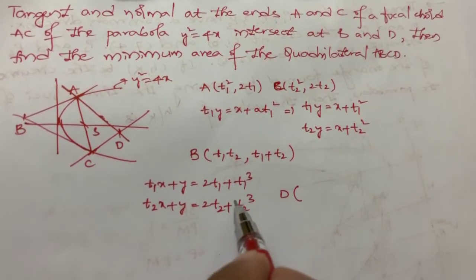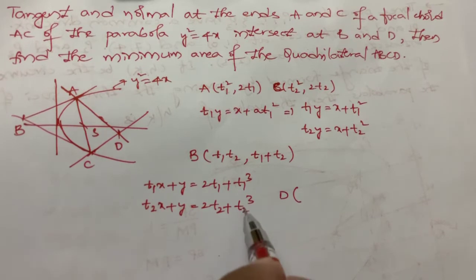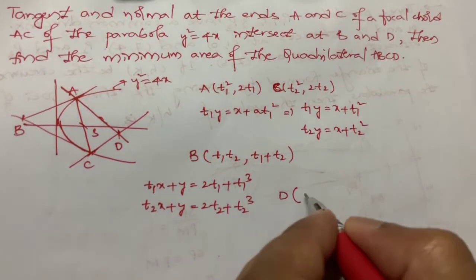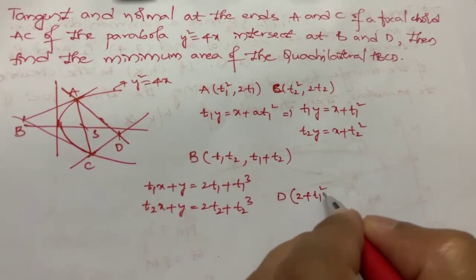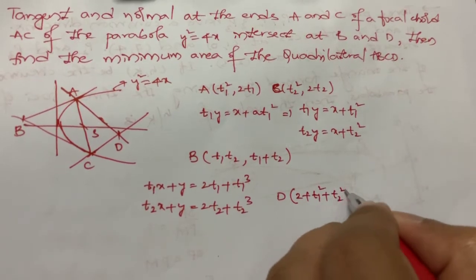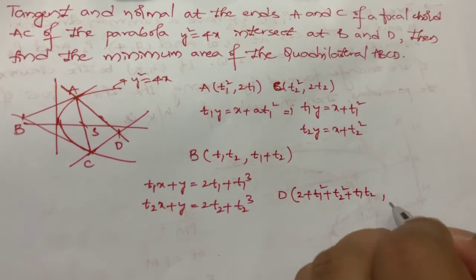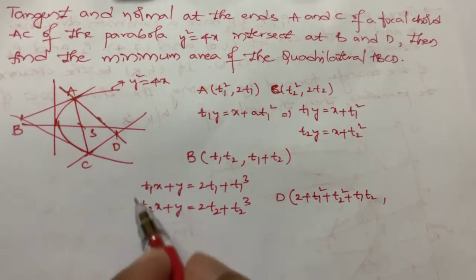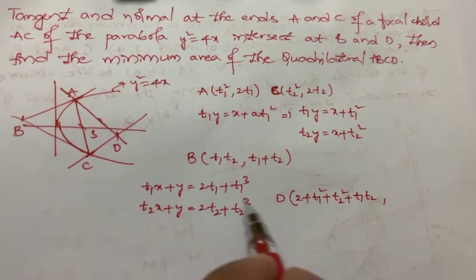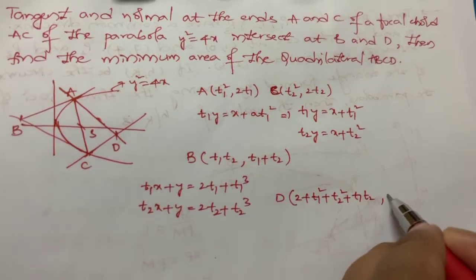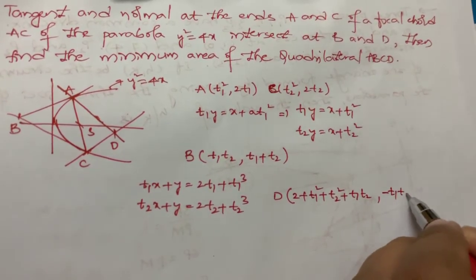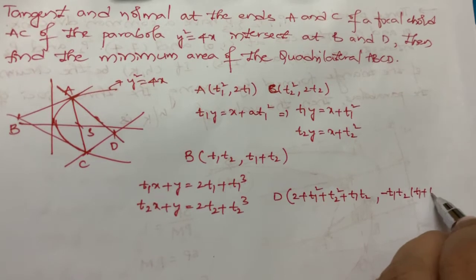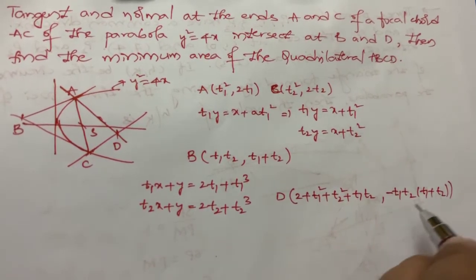Yes or no? Because if I subtract these two, t1 - t2 will be a common factor, so x = 2 + t1 squared + t2 squared + t1 t2. If I substitute that here, I will get y = -t1 t2 (t1 + t2).